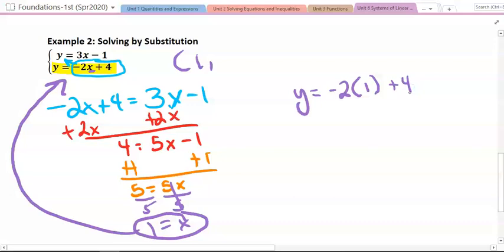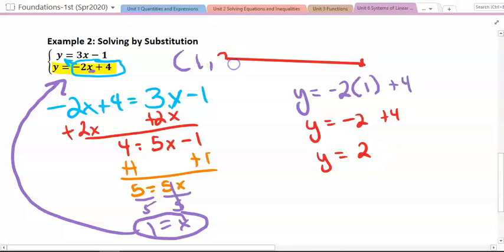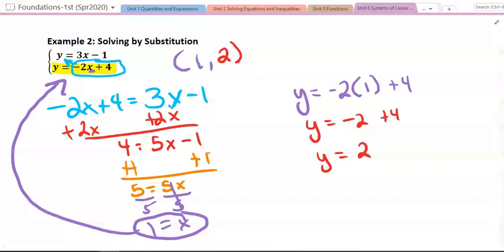And we'll simplify this so we get the y by itself. So that's going to give me y is equal to negative 2 plus 4. So y is equal to 2. And so that becomes the y coordinate of my intersection. So where would these two lines cross? If we graph them on the coordinate plane, they would cross at the ordered pair 1, 2. Okay? So again, it's as simple as that.